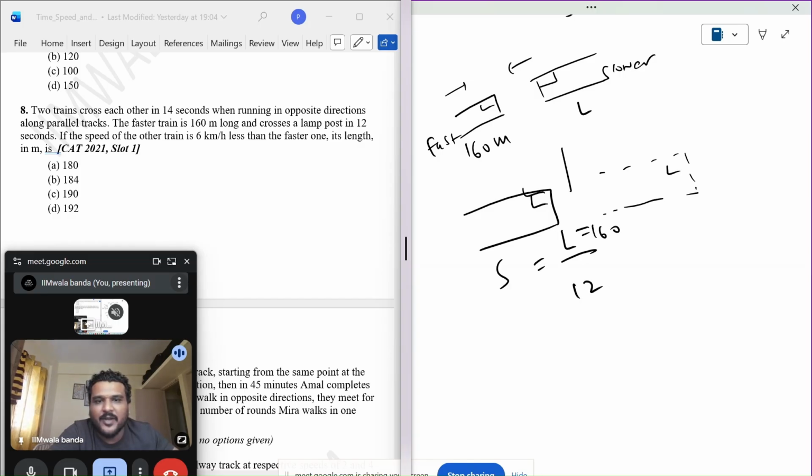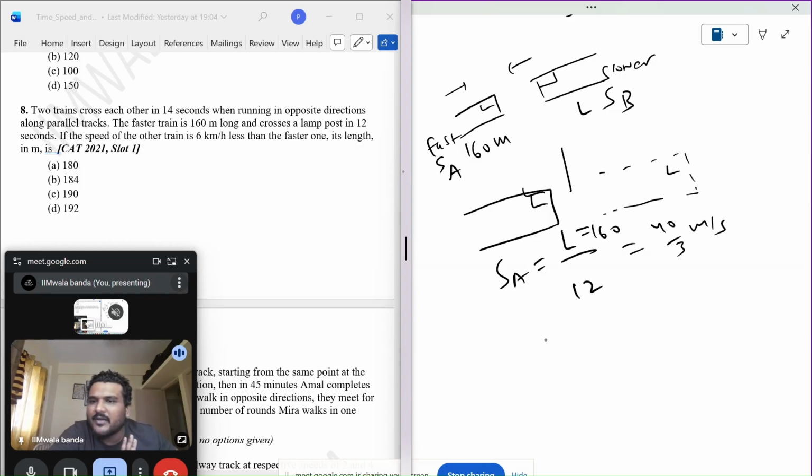So this is the speed of the faster train, which I'm assuming A and B, SB and SA. So this is the first information and let's just solve it. This is 40 by 30, 40 by 3. So the speed of A I know is this much. And of course, this is 12 seconds and this is meter, so this is meter per second.